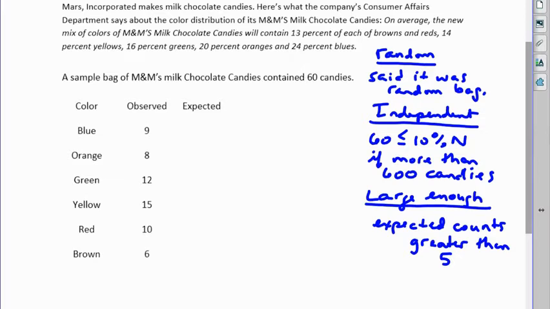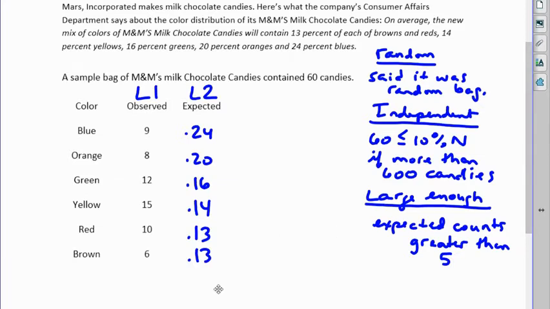I've already entered the observed values in my calculator into L1, and I've also entered into L2 the percentages that were told to me by Mars Candy. What they believe are the true percentages: 24, 20, 16, 14, 13, and 13.